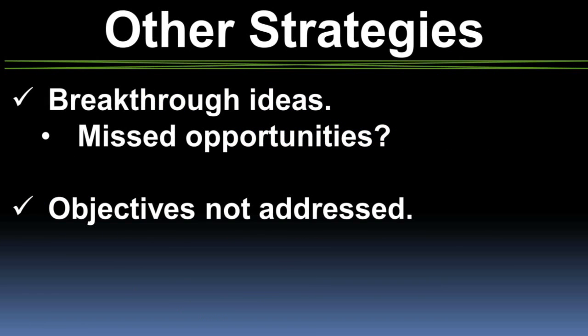SWOT analysis will definitely not identify every strategy an organization should pursue. Therefore, a fitting exercise is to brainstorm potential strategies that could materially impact revenues, address objectives outlined by organizational stakeholders, or improve the competitive position of the enterprise.